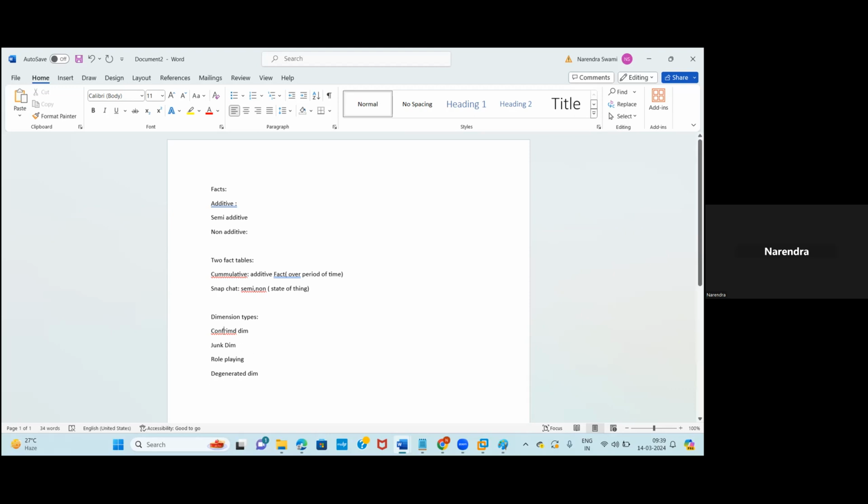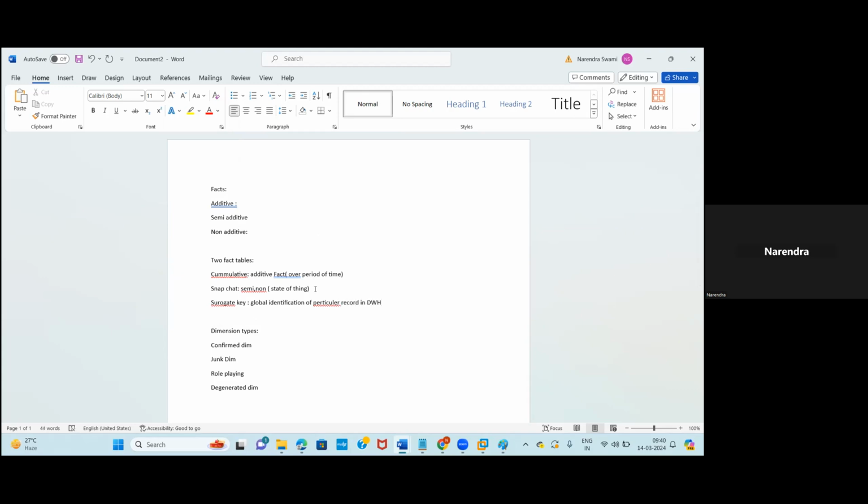As part of yesterday's class, we also saw the surrogate key. What is a surrogate key? It is the global identification of a particular record in a database.